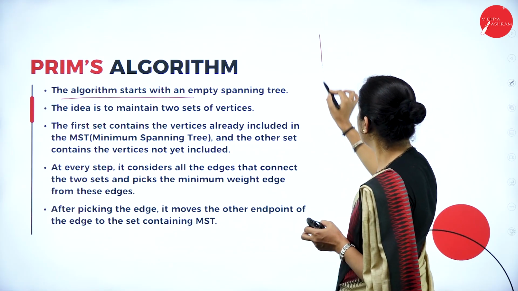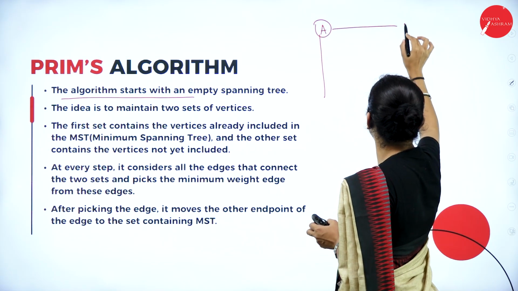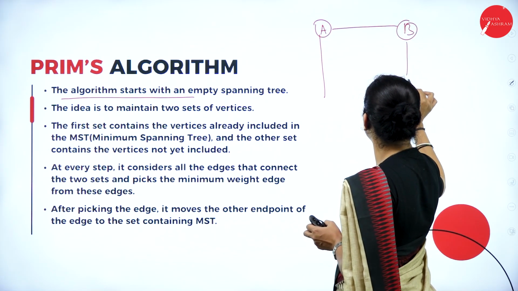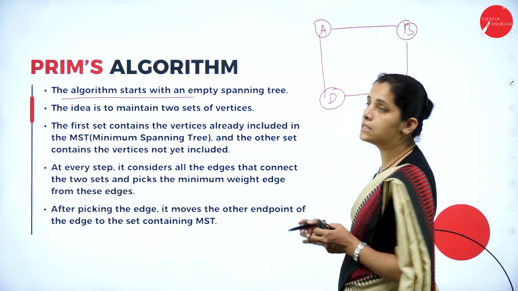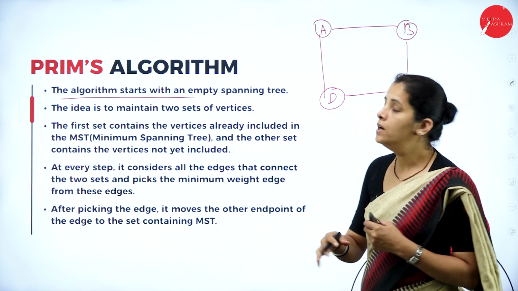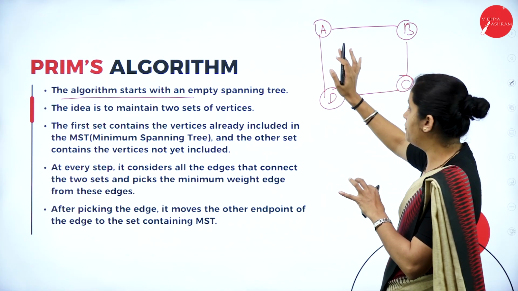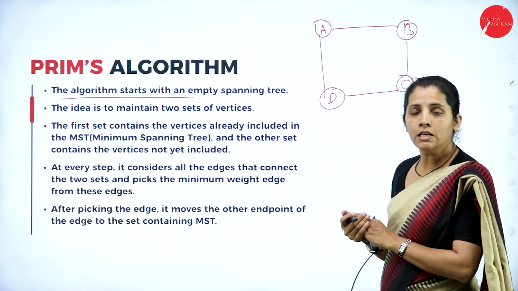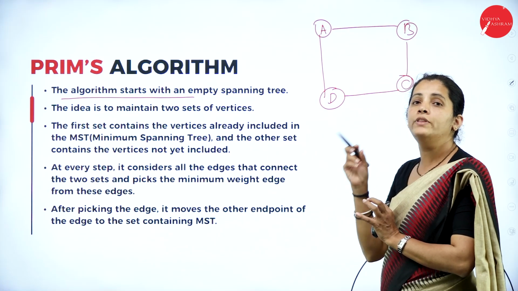See here, think that this is my vertex A, vertex B, vertex C and vertex D. If I consider a cycle, it's a loop. This is not a spanning tree, it's a graph. Then what about a spanning tree? A spanning tree is nothing but a subset of the graph.